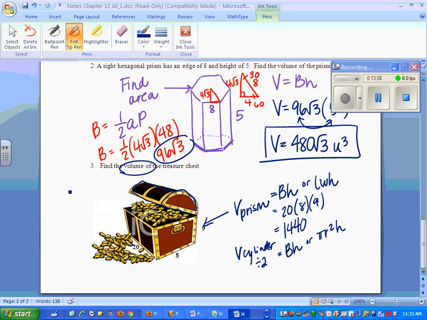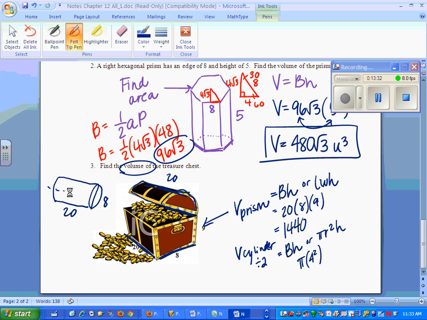Okay, so my cylinder is kind of like this. So this side is 8, which means my radius is 4. So I'm going to say pi 4 squared, and my height is this one here, which is 20.